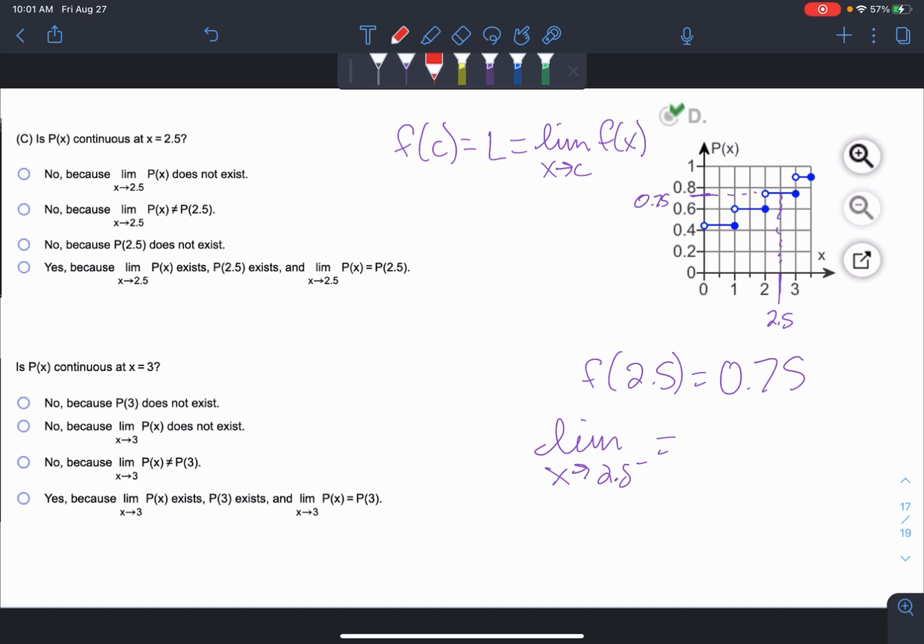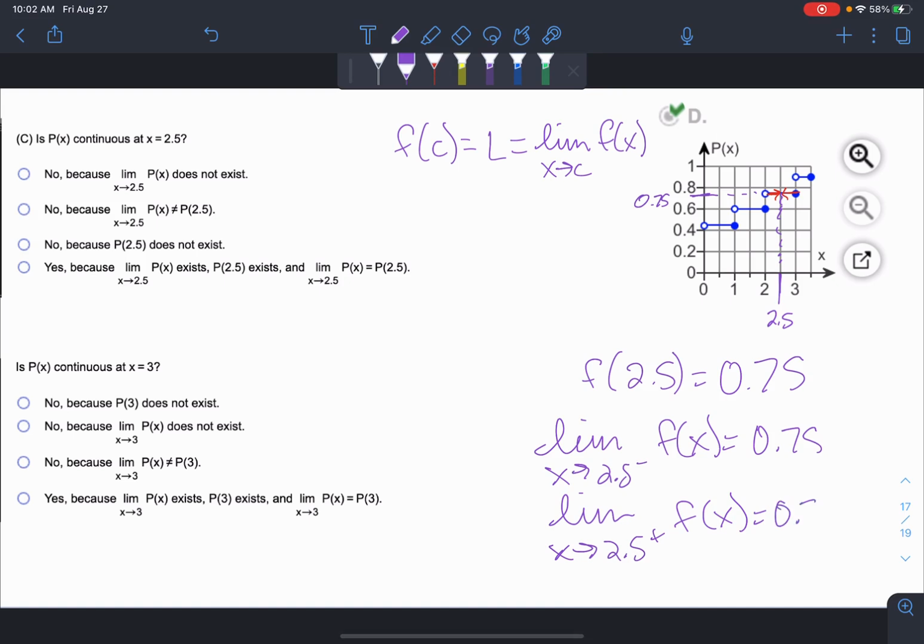So as I'm walking along from the left hand side, I'm approaching 0.75. So f of x is 0.75, and then let's look at what's happening to the right. As I'm walking along, trace along right to left until you get to 2.5, and so we're still at 0.75. And so since all of these are equal, we have continuity. And that's what this last option's saying.